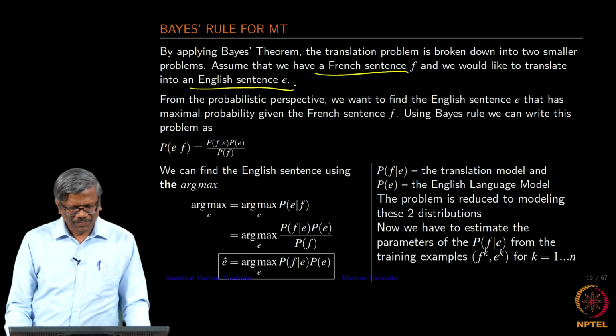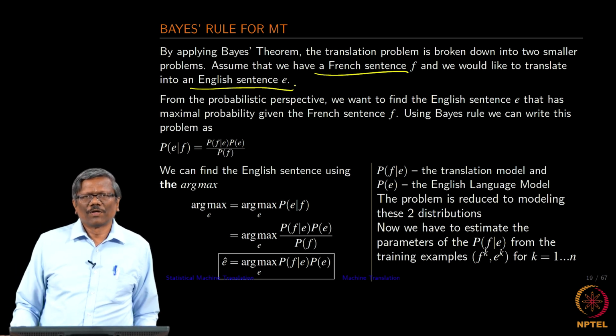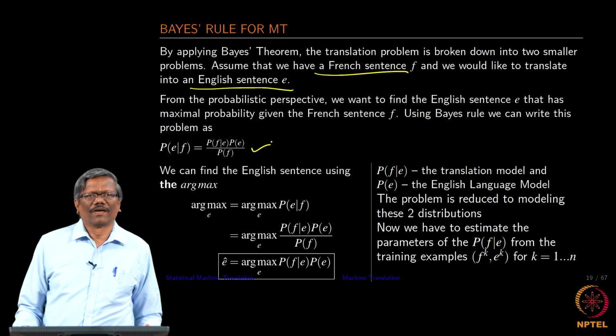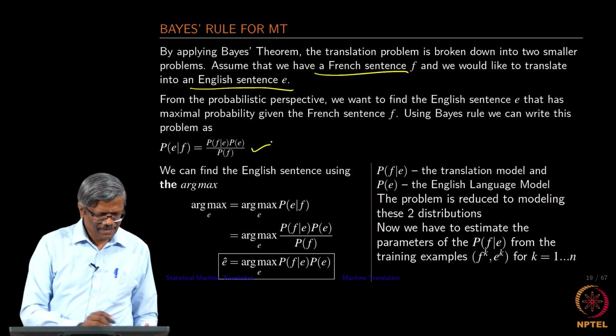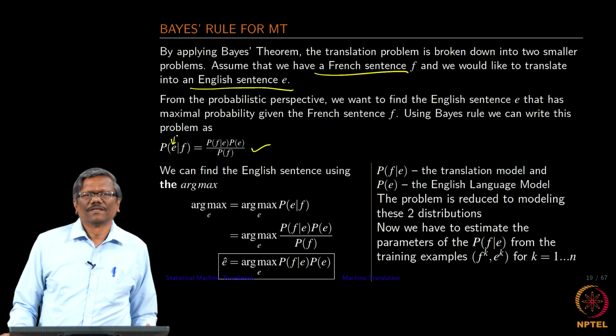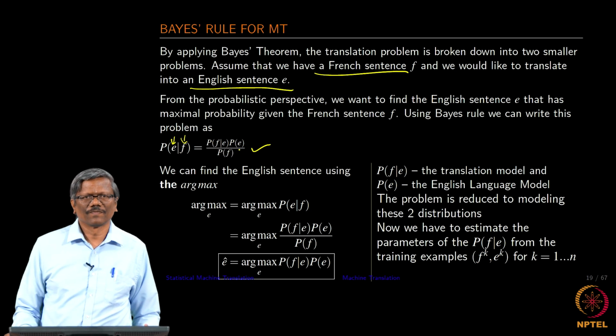Okay, from the probability perspective, we want to find the English sentence that has maximal probability given the French sentence. So, using this rule we can write the equation of this type, where the probability of estimating this sentence in English given the French sentence is given by this formula.